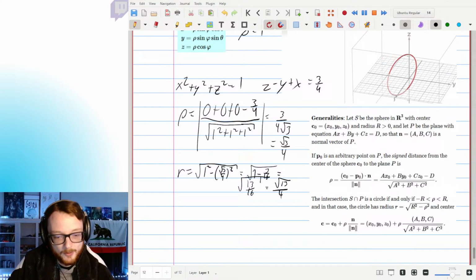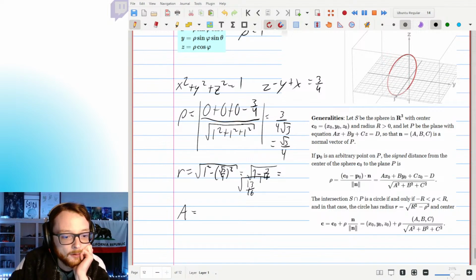I guess that's actually bad to simplify it, though, because we're about to square it anyway. A is equal to pi times root 13 over 4 squared, which is 13 pi over 16. That agrees with what Fembach said.